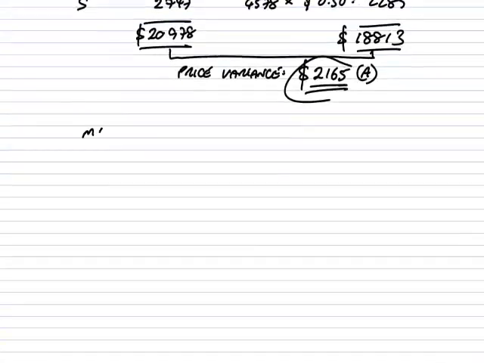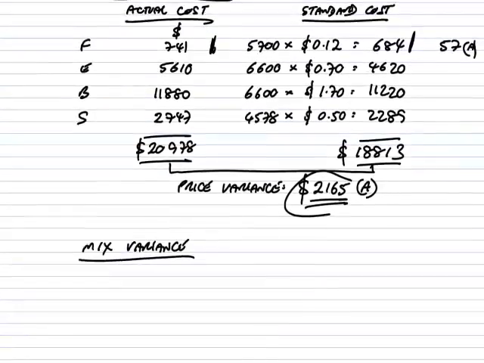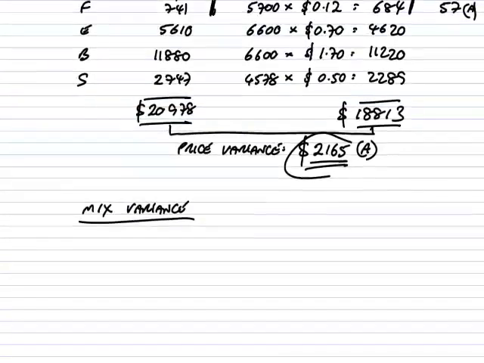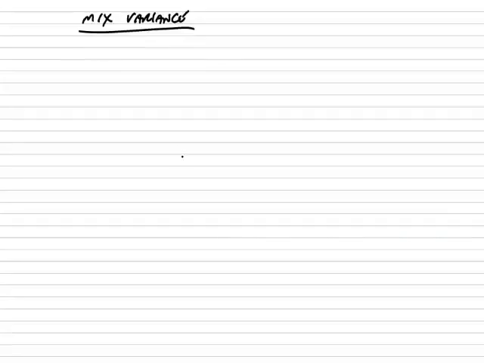Let's now look at the mix variance, which is where too many start to go wrong. And again, I'll do my layout. Don't change if you're already happy with the way you do it. But again, I do it in columns. For the mix variance, you take your actual total input.